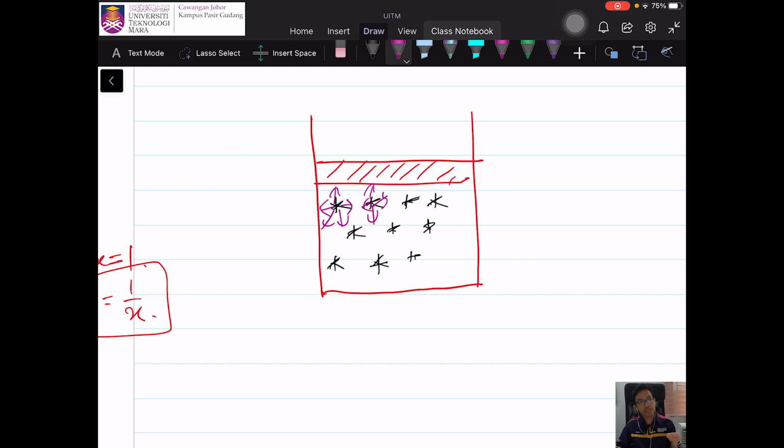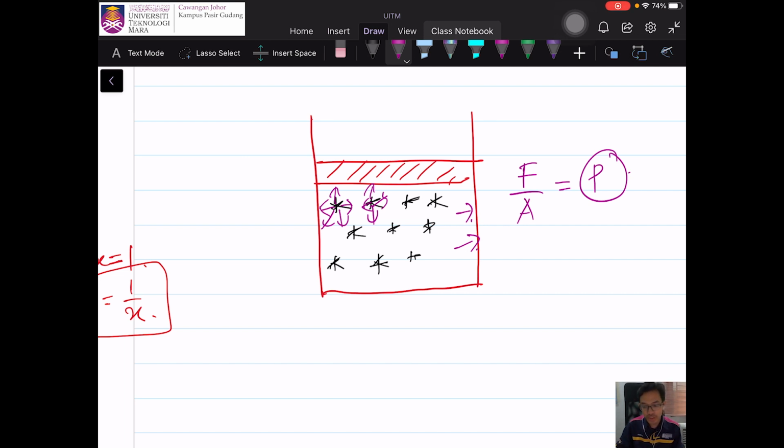Each of these gas particles exerts a force on the wall of the container. Every particle will contact the container. This cylinder has a surface area, and this surface area produces F over A, which is your pressure, the force per unit area.